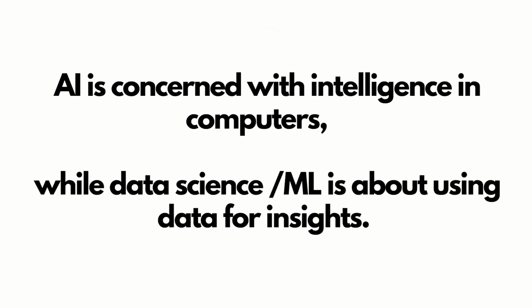So we can say that artificial intelligence is concerned with intelligence in computers, human intelligence, giving them the human brain, the human decision making, the human understanding. While data science or machine learning or deep learning is more about using the data for gathering insights. Because once you get the insights, you come to understand what repercussions this data has in our decision makings.